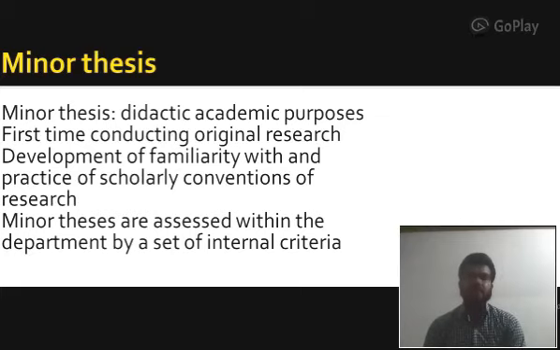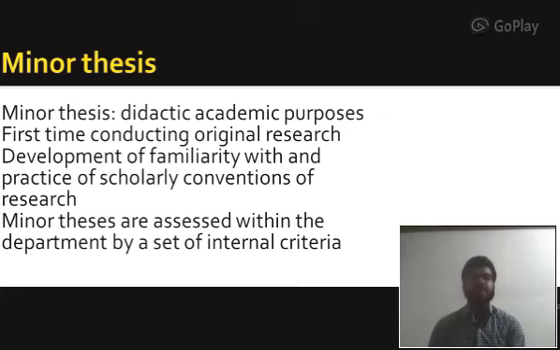And in our education, mostly honors level or master's level research is most of the time minor research, where the students are writing minor thesis, where they are conducting research for the first time. So in the Pakistani context, we have institutions, universities and colleges where the students are expected to produce research work in their BS or MA.